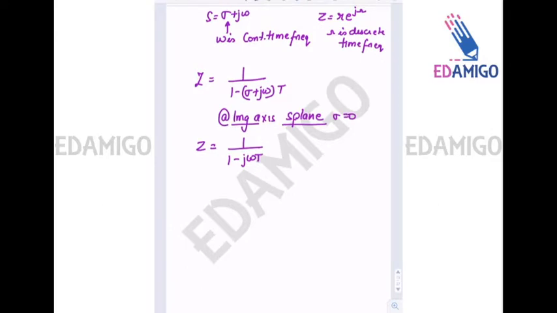In the magnitude form, this can be written as 1 upon the square root of (1 plus omega square T square), and in the denominator the angle will be minus tan inverse omega T. So in the numerator it will go as plus tan inverse omega T. This is your z.